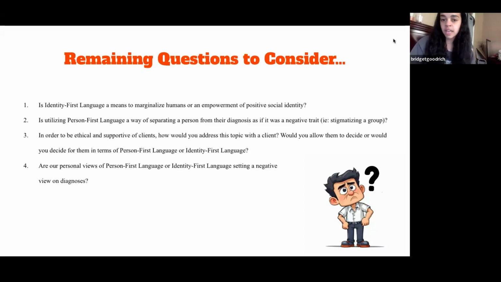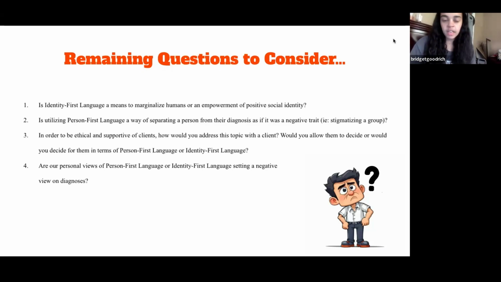And they will open it with saying, I am autistic. And they will use that identity first language and call themselves autistic. So I think that the rise of social media could be correlated as well with the destigmatization of that identity first language.